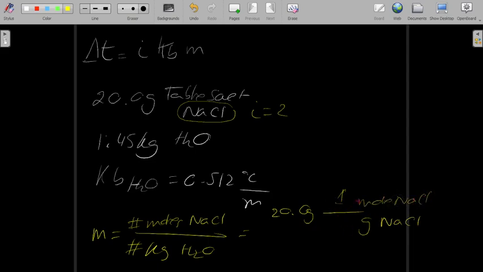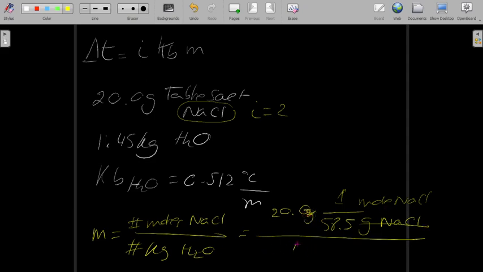So how many grams are in 1 mole of that table salt? We go to the periodic table, add sodium, add chloride, the atomic mass units for each, and you find out that is 58.5 grams.